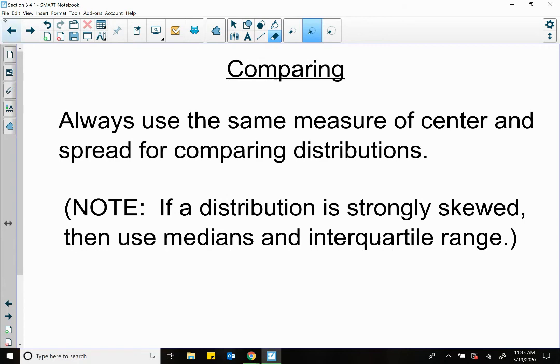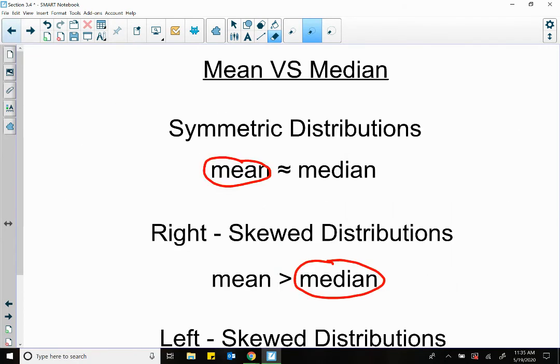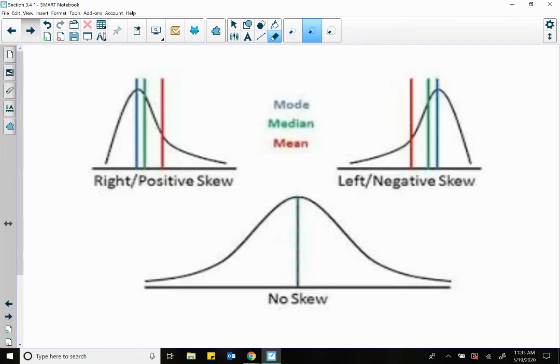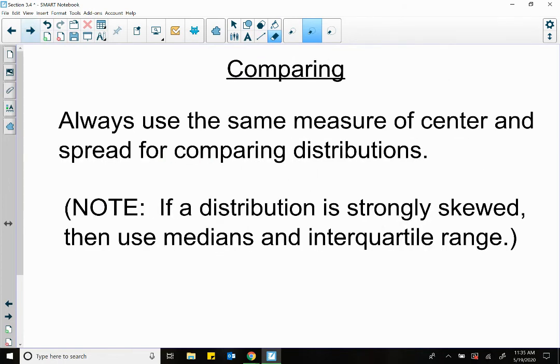And remember, as I told you earlier, this is that important piece right here. When it's symmetric, it's okay to use the median because the mean and the median are roughly the same. So when you have two different distributions, symmetric and skewed, the median and the interquartile range are going to win out on that, because you have to compare apples to apples.